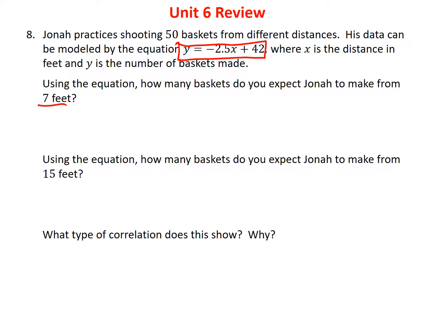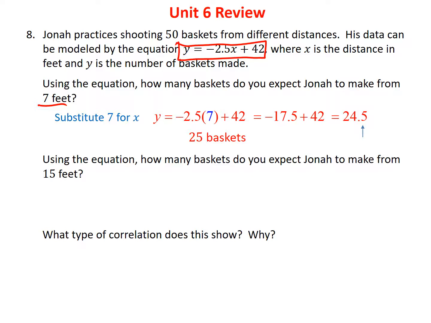Well, a pretty simple problem here. We're simply going to plug in 7 for x in our equation. So y equals negative 2.5 times 7 plus 42. So that's going to be negative 17.5 plus 42, or 24.5. And we'll round that off and say that essentially we would expect from 7 feet for him to make about half the baskets, or 25 baskets.